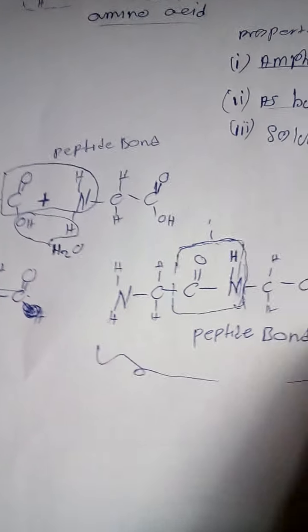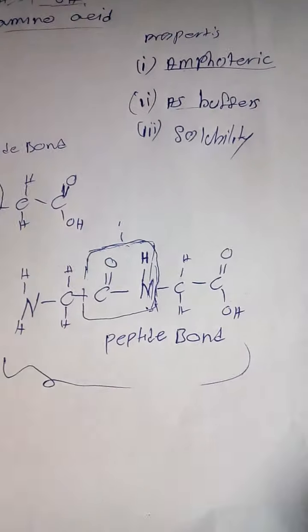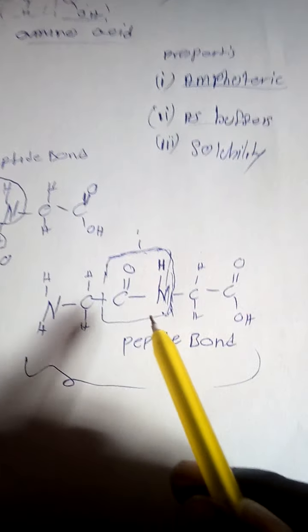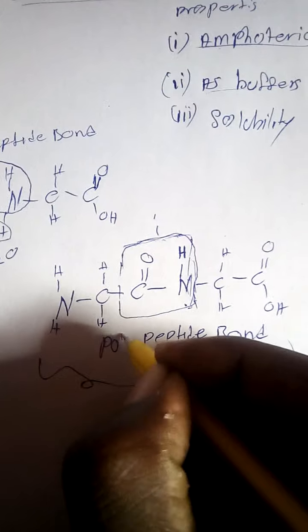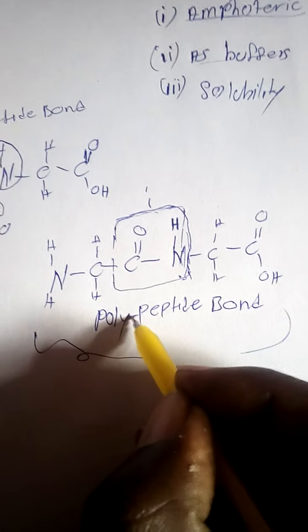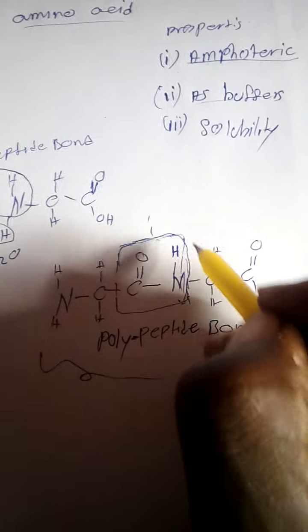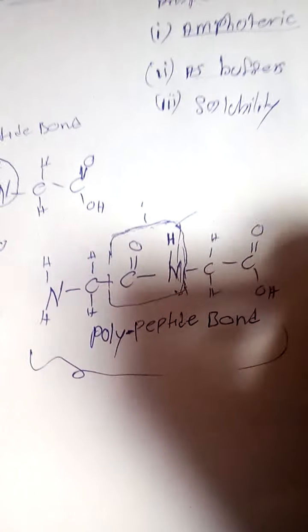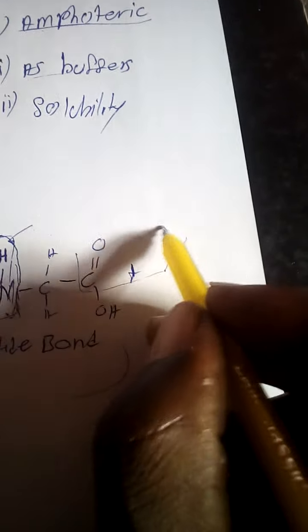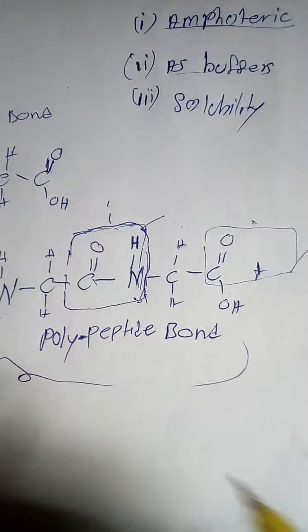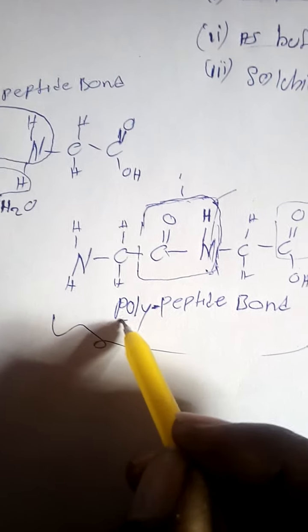If you have a long chain, if you are adding more amino acids, that chain is called a polypeptide. Why? Because there are a lot of peptide bonds formed. If I continue to add another amino acid, I will have another peptide bond formed here. If it's a long chain, it's now called a polypeptide, because poly means more than one.